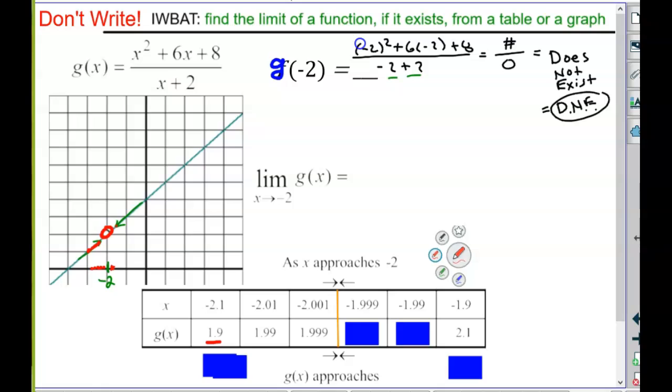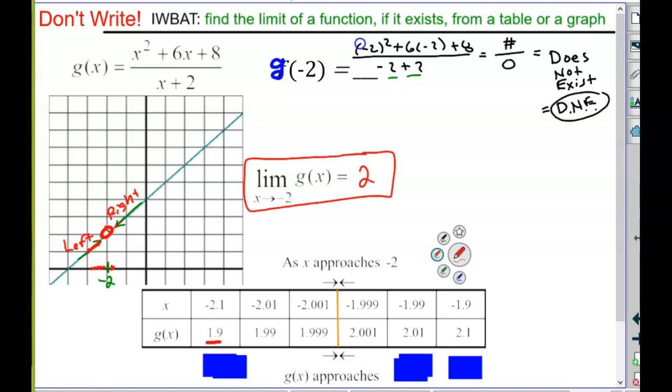And then I'd go to the next one, and I'd get even closer. I go to the next one, I get even closer. So as I keep plotting these points, they're getting closer and closer to the same value, and the left-hand side and the right-hand side are going to meet. And they meet. Now, the limit itself is going to approach 2.